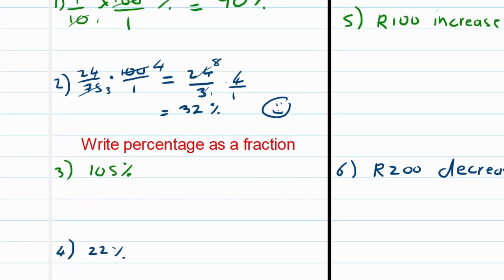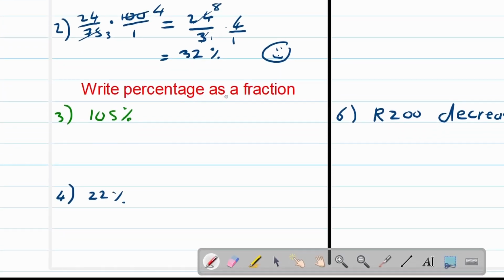Okay, then next topic. Write percentage as a fraction. Very, very important. We're going to do the opposite of what we've done in the first part, where we multiplied with 100. Over here, we are just going to divide by 100, and that will take us to a fraction immediately. So 105% is 105 over 100.